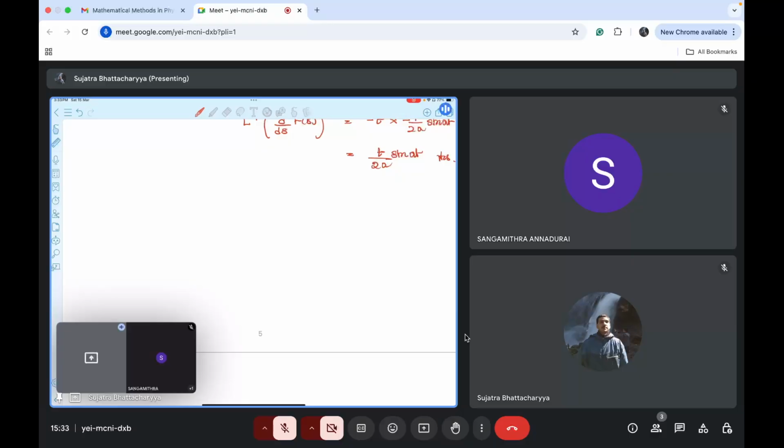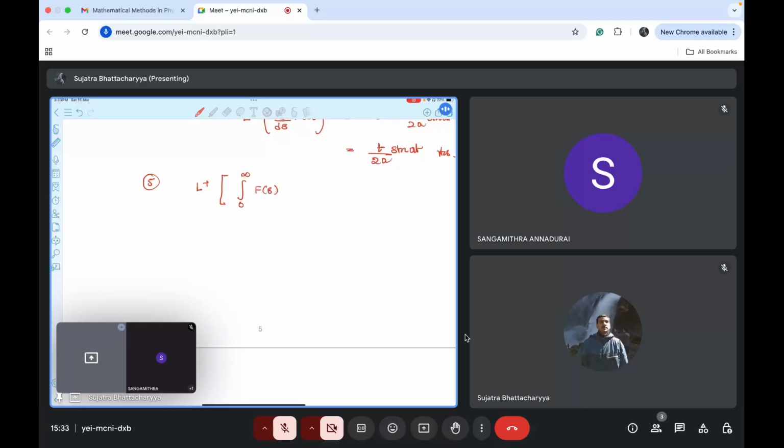Let me give you another property, which you can use if you want, otherwise you can leave it. Whatever way is suitable for anyone who is using this Laplace transform, you do it like that.